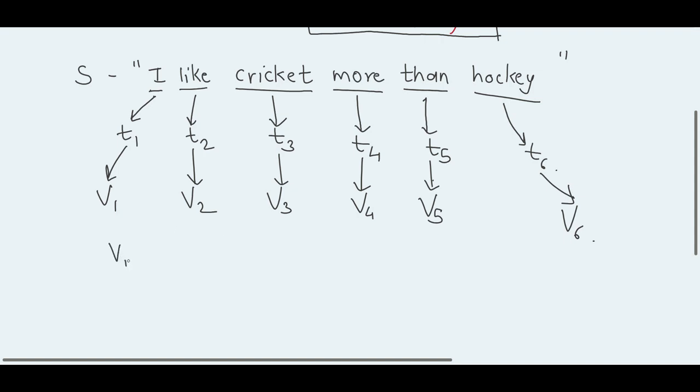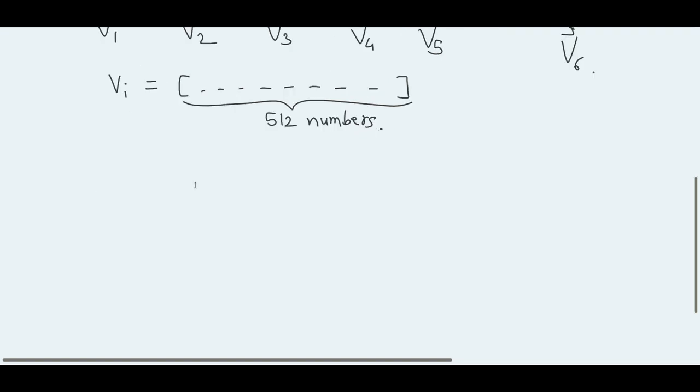Now each token or word is represented by a list of numbers, and each list contains 512 numbers. Let's keep it simple. So each of the V's has 512 numbers.